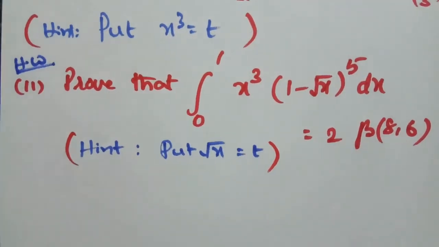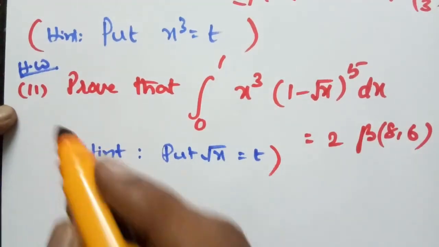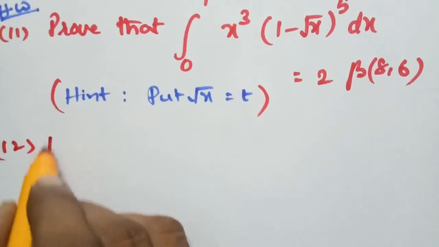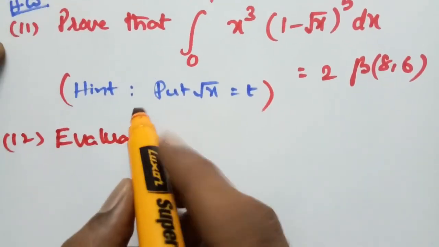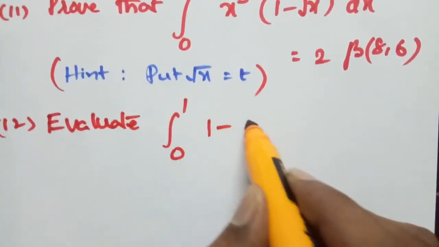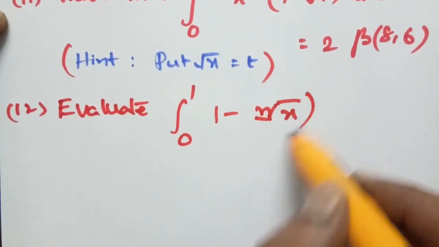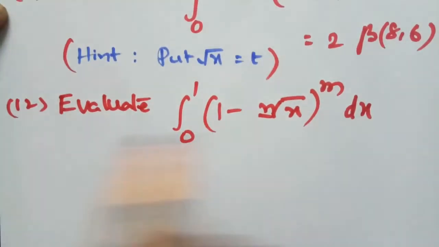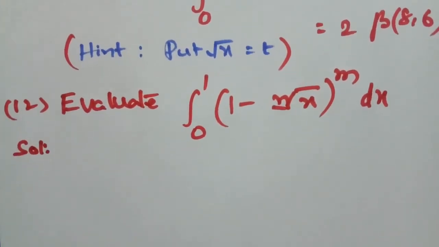Now problem number 12. Evaluate integral 0 to 1 (1 minus nth root of x) whole to the power of m into dx. Take the given integration.